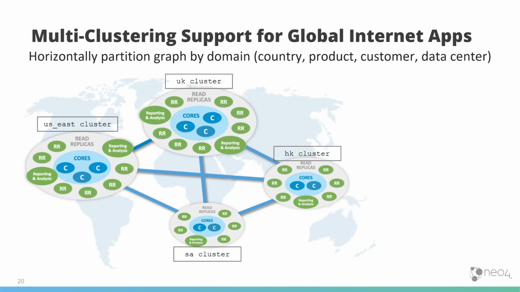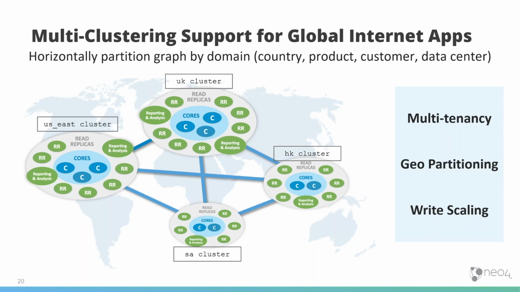So we can horizontally partition a graph by a domain, and we're expecting popular ones to be by country, or by product ID, or maybe customer ID, by data center. Those are what are going to allow us to then route a query to the appropriate cluster that is identified by that top domain.